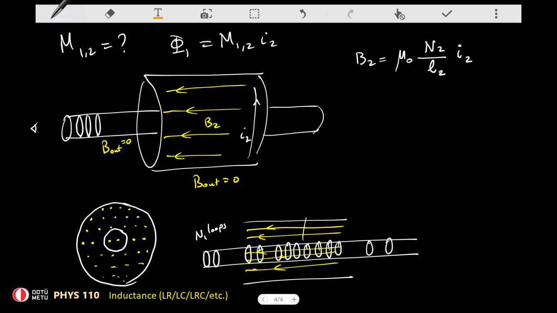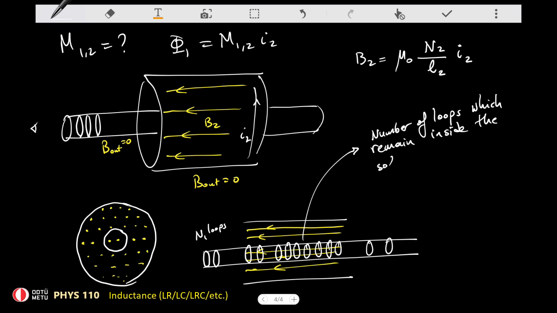That's the number of loops, or the number of turns, which remain inside solenoid 2, because these are the ones that are going to actually see the flux. Let me call this N1 prime.